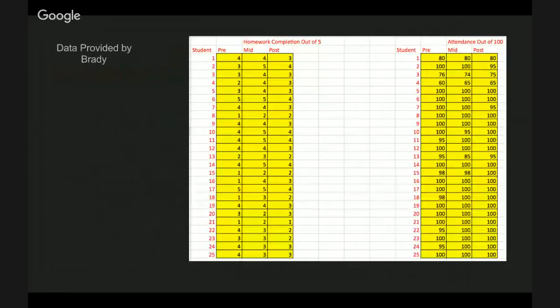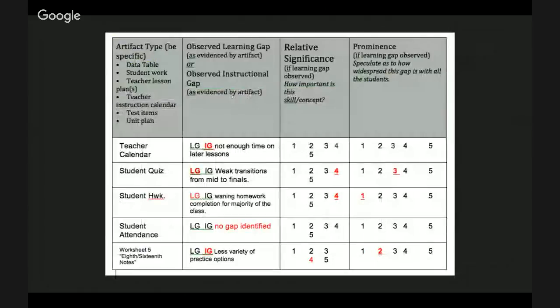Brady provided his data, which was homework completion numbers for the 25 students and attendance for those students. And then after his presentation, he was able to mark here that the homework was a learning gap because we noticed that many of the students were not completing homework later on. And we said that that was pretty significant. That's something that we talked about.